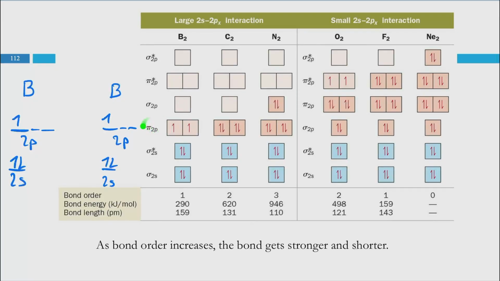And since our pi 2p is lower in energy for B, C, and N, we put them in singly first with parallel spins, and then we pair them up when we add 2 more electrons for carbon. And our bond order is 1 and 2 respectively. When we get to nitrogen, our bonding is full. It's the wrong labels, but.